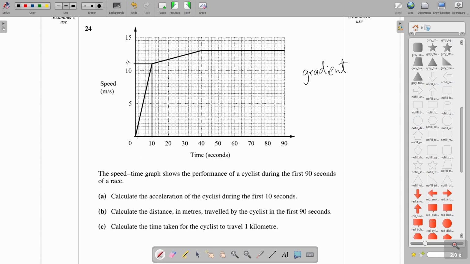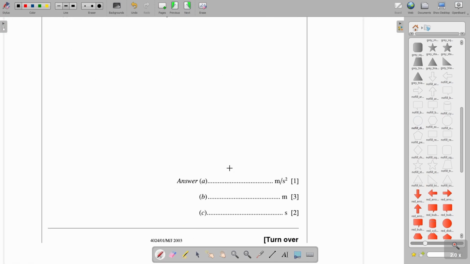So if this part is 0, 0, and this part is 10, 11, it would be 11 minus 0 over 10 minus 0, y2 minus y1, or just 11 over 10, which is 1.1. So the acceleration for the first 10 seconds would just be 1.1.